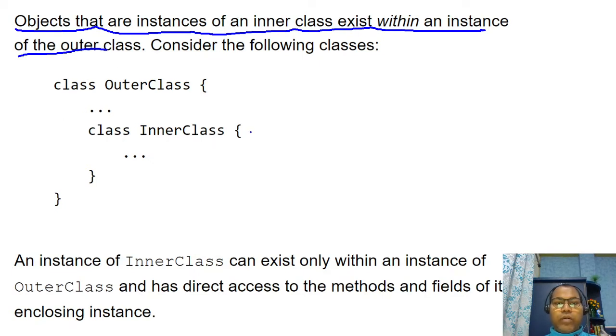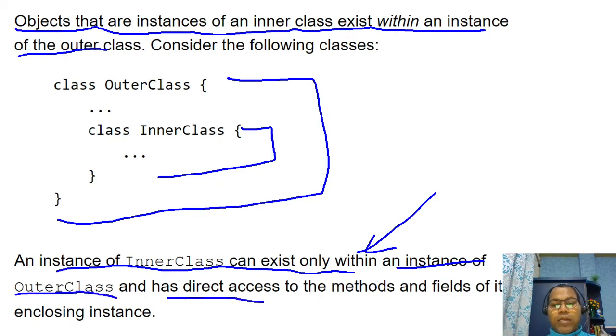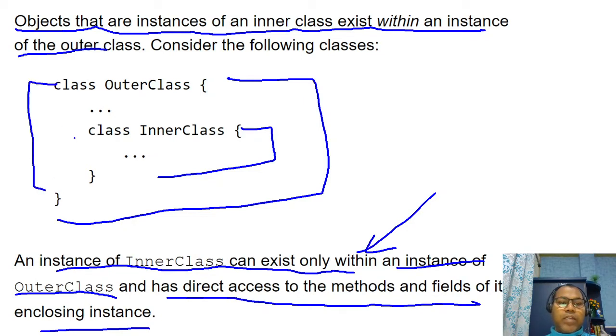If you want to create the instance of this, first you have to create the instance of the outer class as well. So an instance of the inner class can exist only within an instance of your outer class, and has direct access to the members and fields of its enclosing class. Because first we create the object of the outer class, and inside this object the inner class is created, so this class has direct access to all your instance fields and methods.